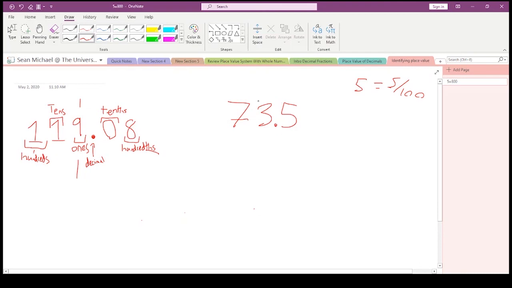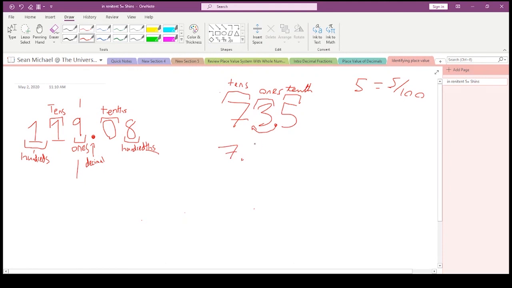Let's start properly. This is going to be your ones. And on this side, you're going to be in your tens, and what will this one be? Tenths. This will be your tenths column. So is that 5/100ths? No. So where am I going to put the decimal? If you guessed right here, then you are correct.